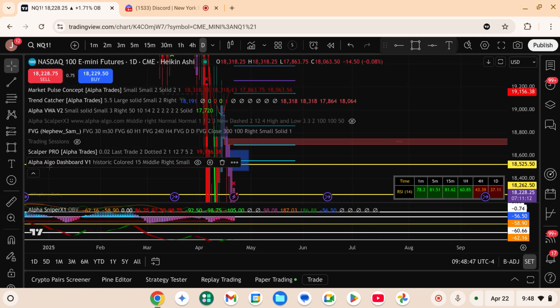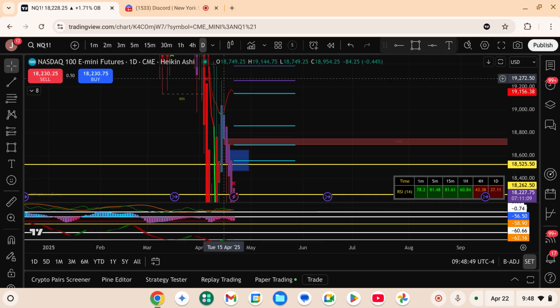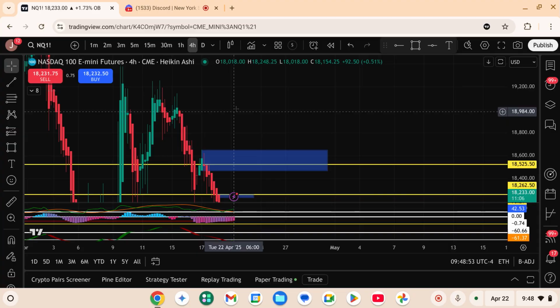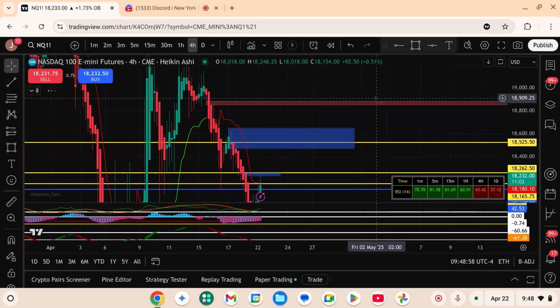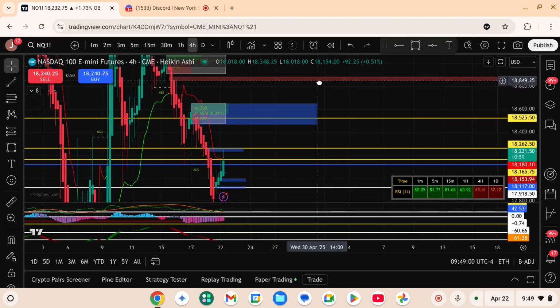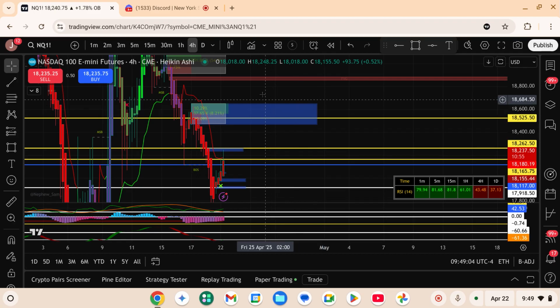There we go. That's why I wasn't seeing any structure levels. So, right here.